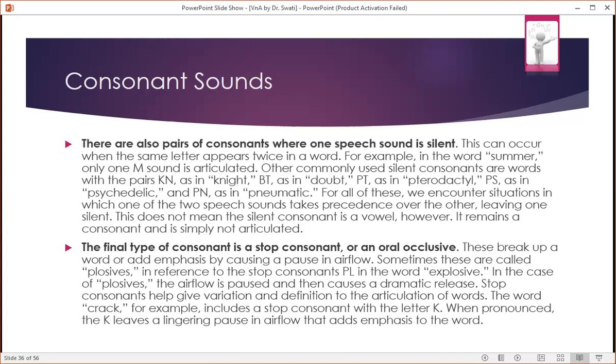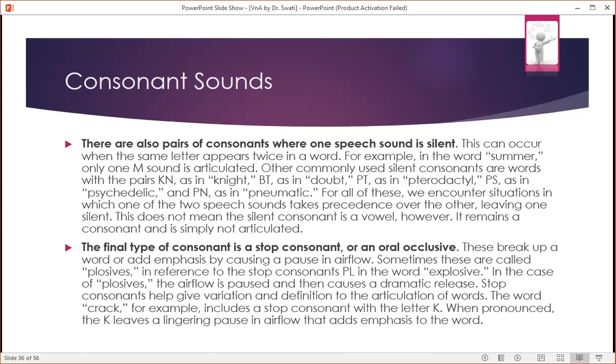Okay, so when we say these words, it causes a pause in airflow. That's why we sometimes call them plosives also. Plosives, okay, in reference to stop consonants, PL in the word explosive.